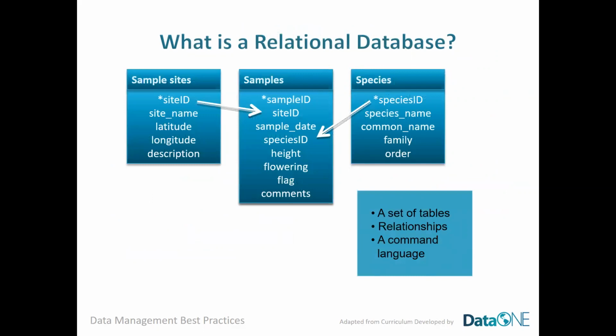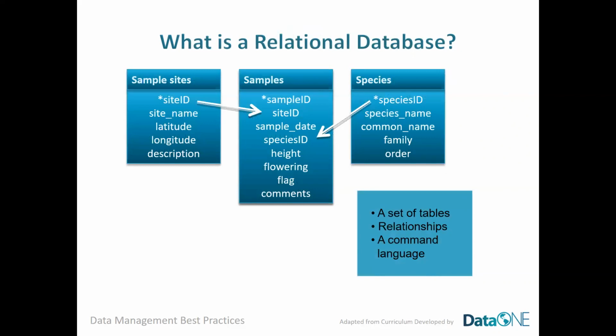A relational database matches data stored in tables by using common characteristics found within the data set. This helps preserve data integrity and also makes it possible to flexibly mix and match data in order to get different combinations of information.